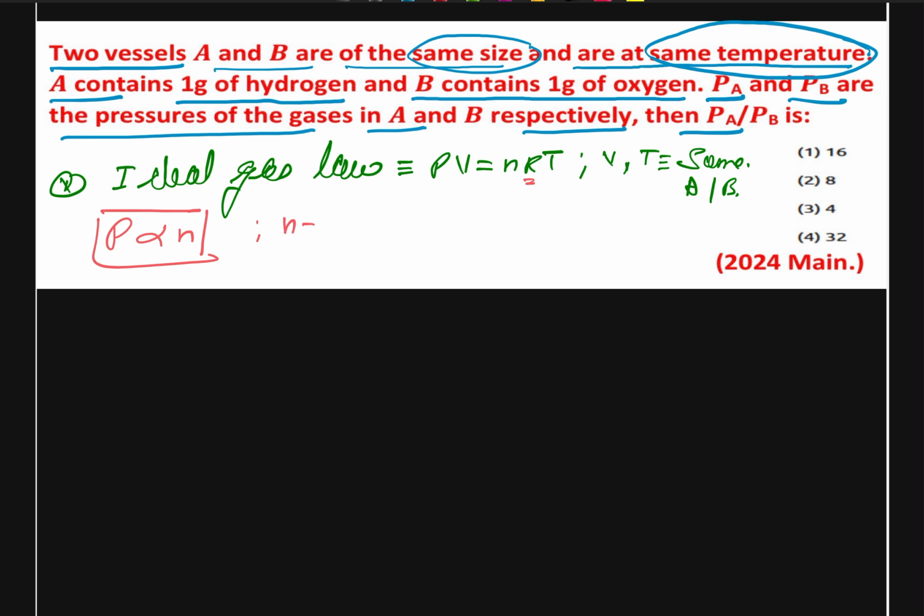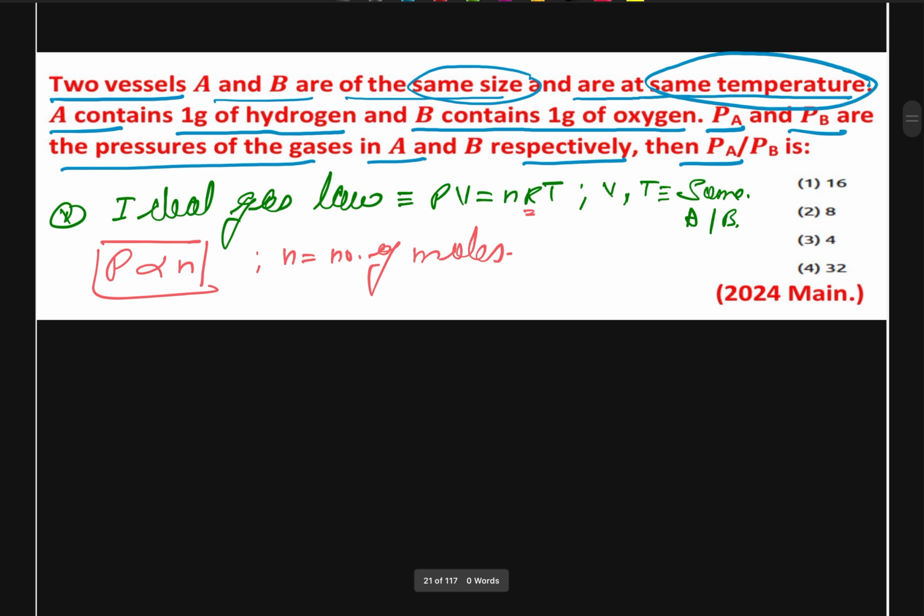And the number of moles we can find out for both vessel A as well as vessel B.